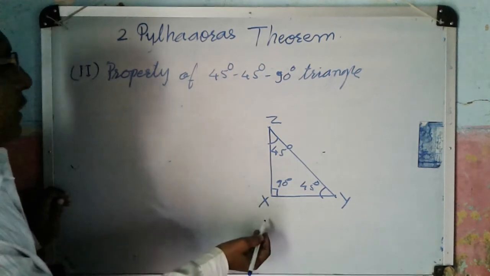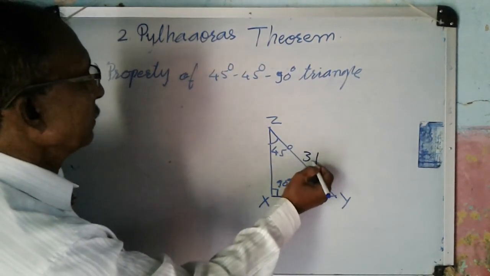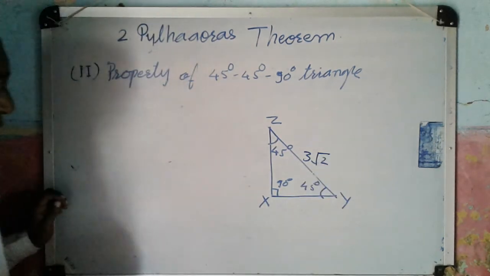Suppose in this triangle the length of the hypotenuse YZ is 3 root 2.